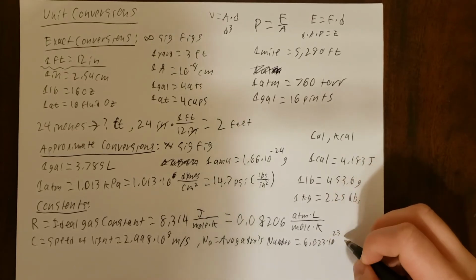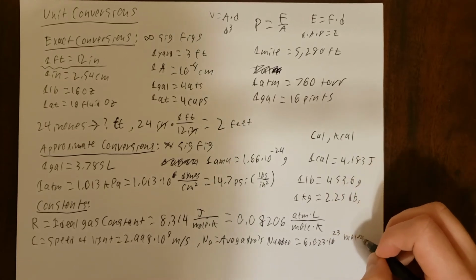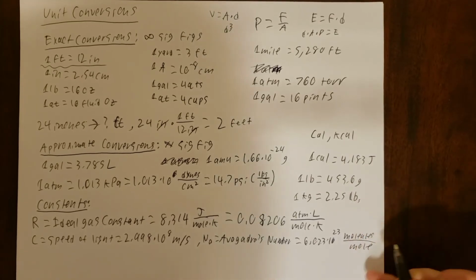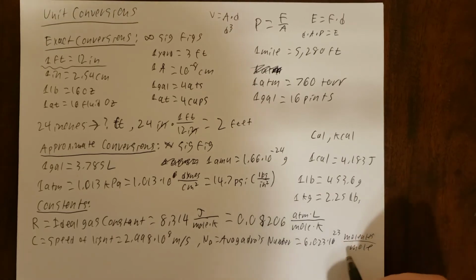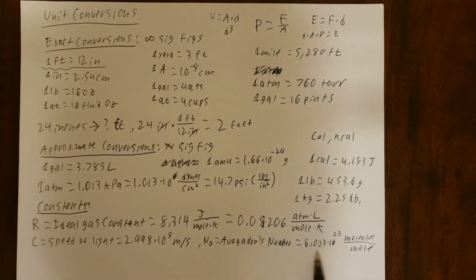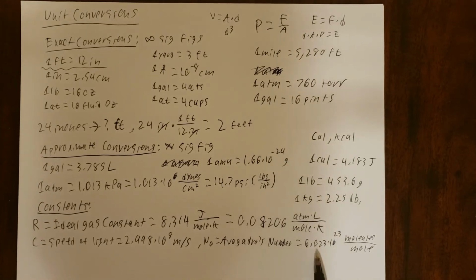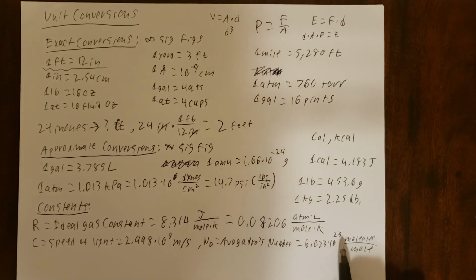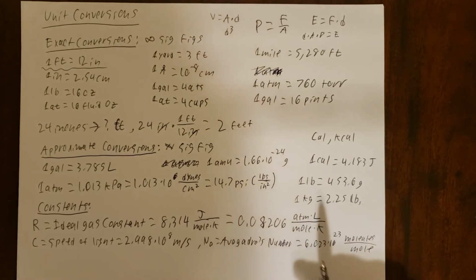And that is molecules per mole. So in 1 mole, let's say oxygen O2, you have 6.023 times 10 to the 23rd O2 molecules per mole.